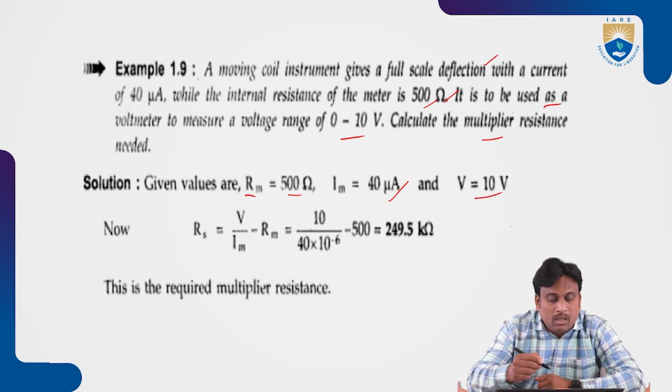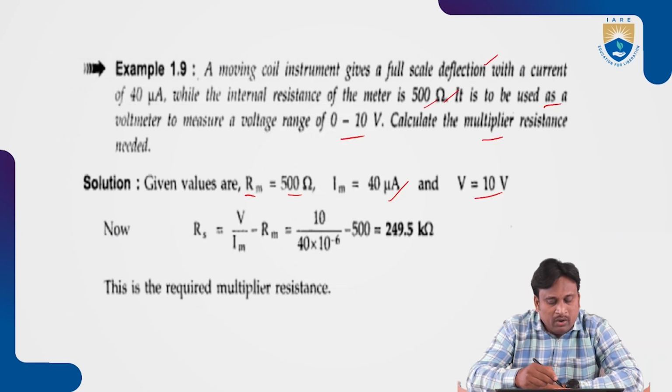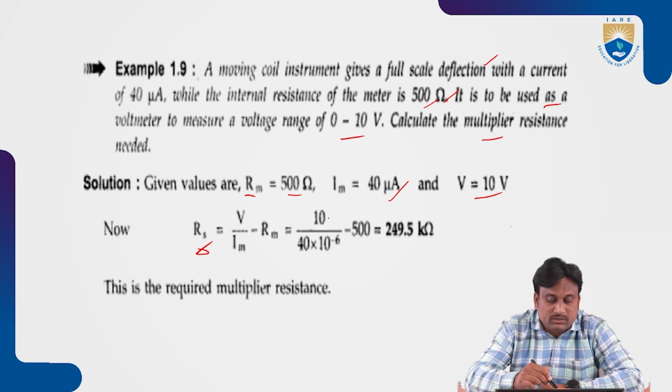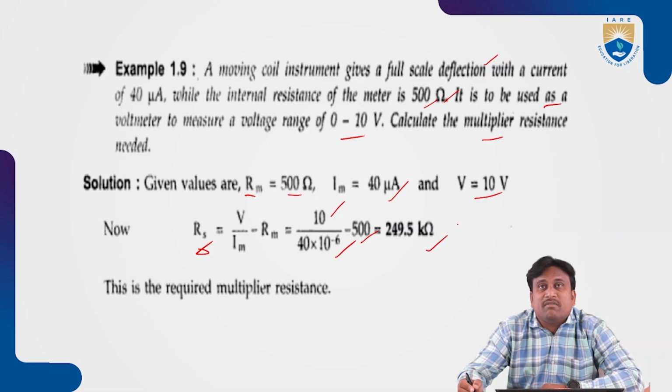Now your multiplier resistance you can calculate as Rs = V by Im minus Rm, which is 10 by 40 into 10 power minus 6, minus Rm, which is 500. When you substitute all these values, you get 249.5 kilo ohms.